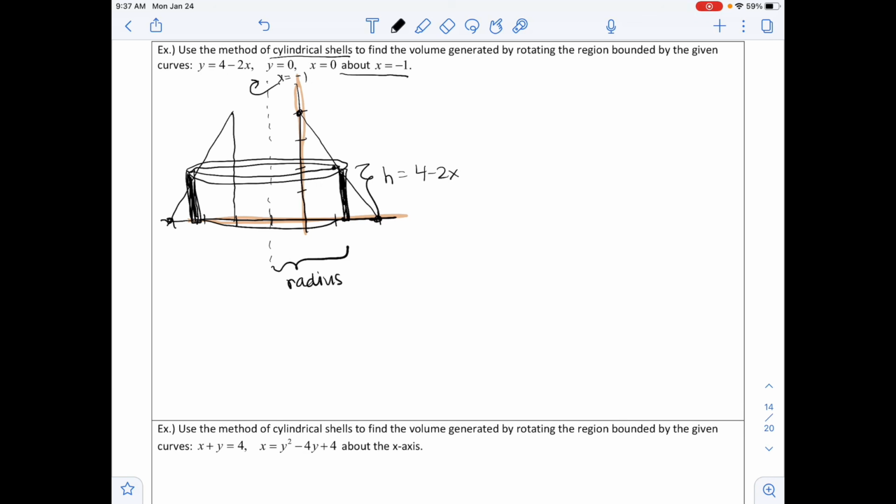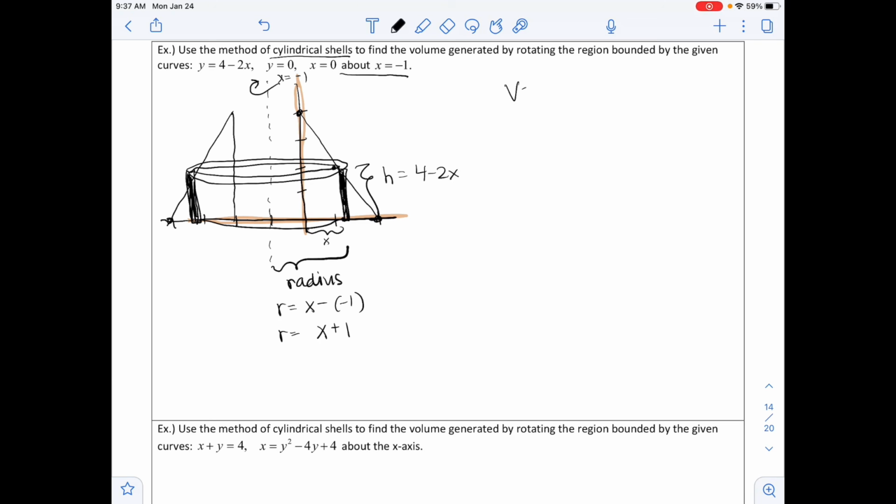That radius is going to be the distance that we have is x, that we would have for this little part here. And then also that distance before it, which was negative 1. And so we're going to do r is equal to x minus negative 1. So our radius is going to be equal to x plus 1.